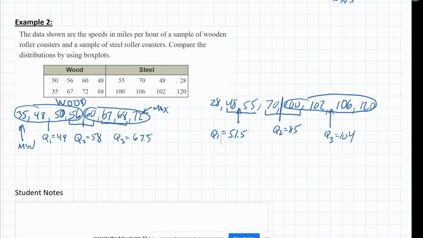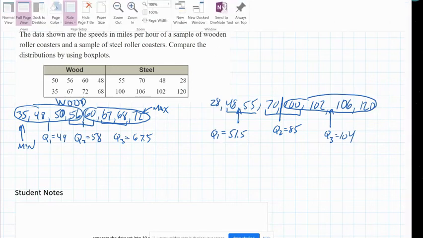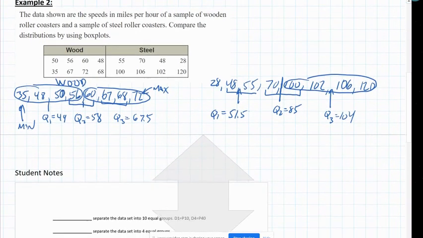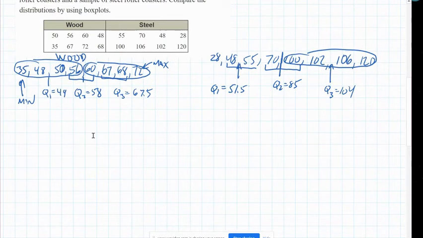Okay, so now if we create 2 box plots and put them side by side, then it makes it easier for us to compare the data for the steel roller coasters and the wooden roller coasters.